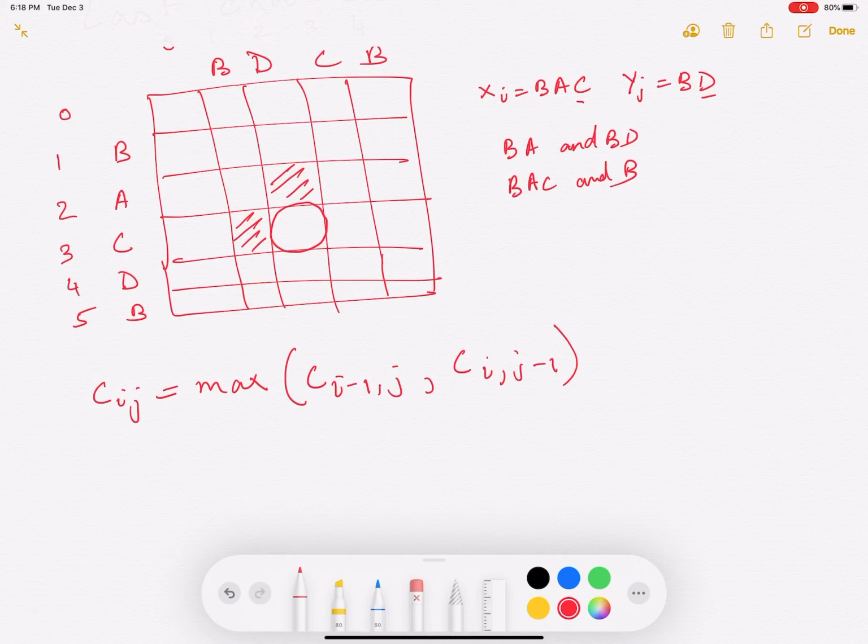We look at this value here and this value here. Whichever is the largest, we take that and put it in here, because that will be the length of the longest common subsequence. Because the characters do not match, both cannot be part, so whatever the value was earlier, that's what we put here.